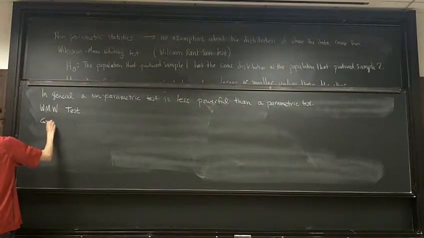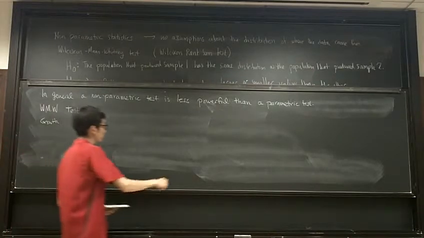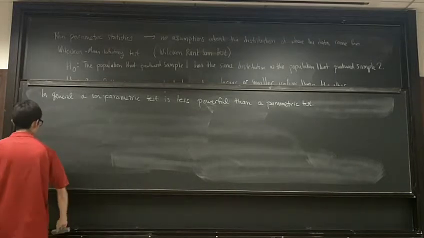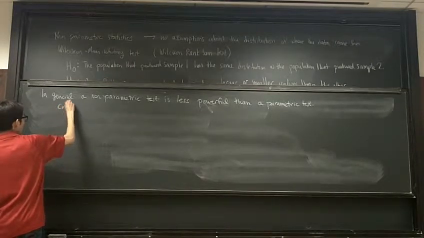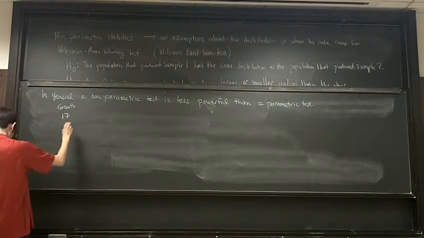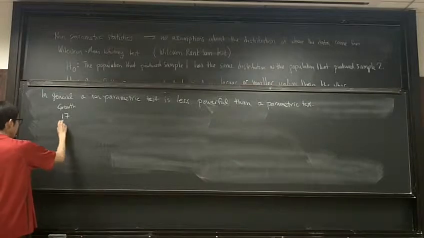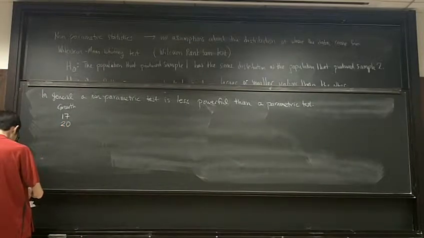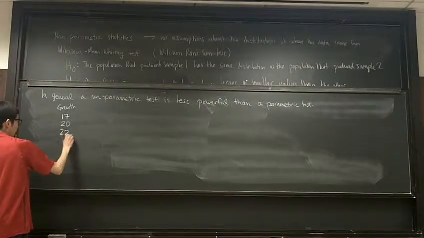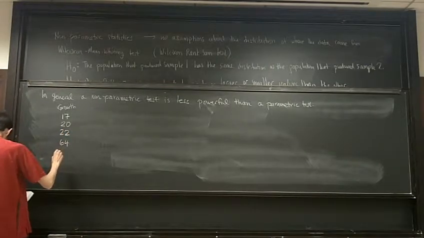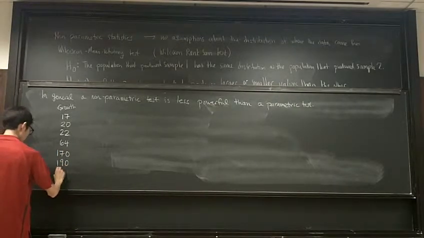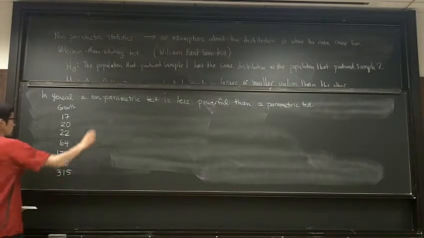Okay, so this is the growth area. For the growth area, the numbers that we observe are 17, 20, and I'm going to put these in order from smallest to largest, 64, 190, 315.